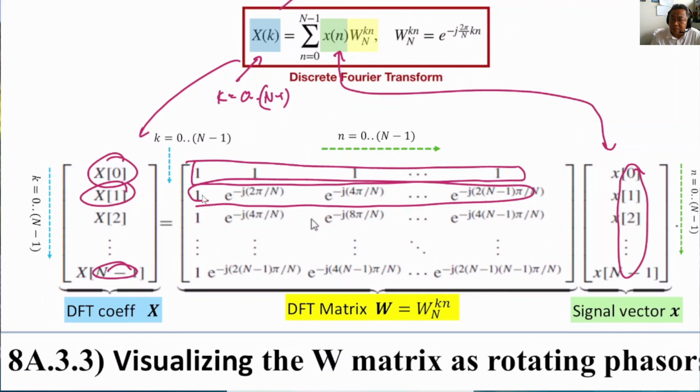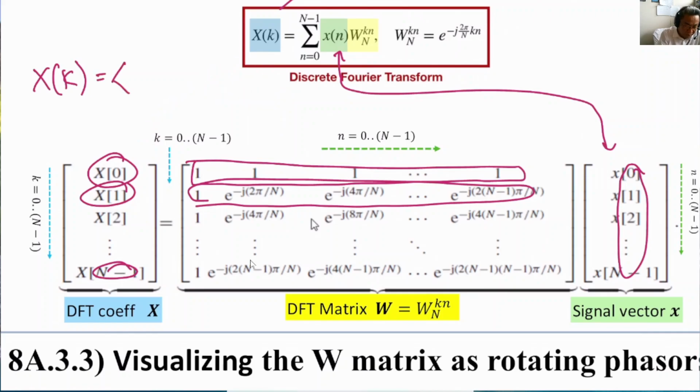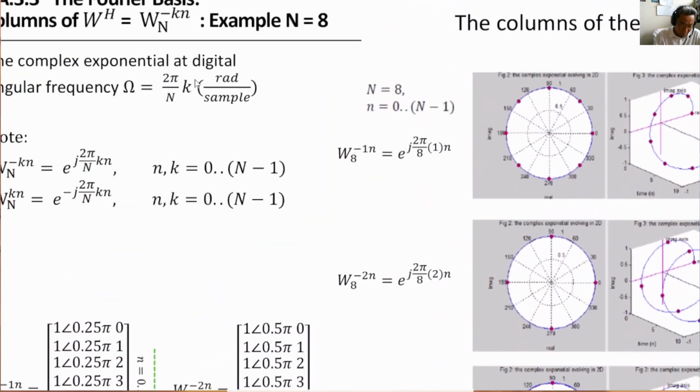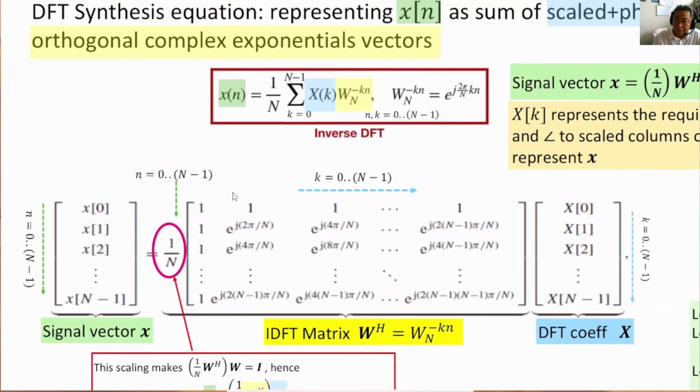And you'll realize that this operation, this Xk, can be thought of as the inner product of the small x vector with column k of W^H. Now, go and look at the W^H. Let's look at column 1 of W^H.